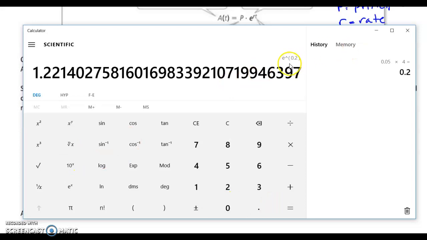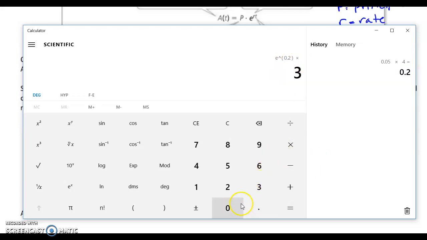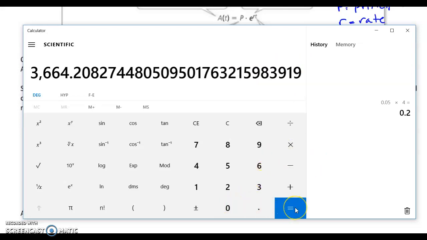So notice I'm going to take e to the 0.2 power, and then times 3,000. Notice I didn't clear out my calculator. If I clear out my calculator and round it, we're not going to get the most precise answer. So don't clear your calculator out. So it should be $3,664. And since we're talking money, let's go ahead and round this to the nearest cent, 21 cents.